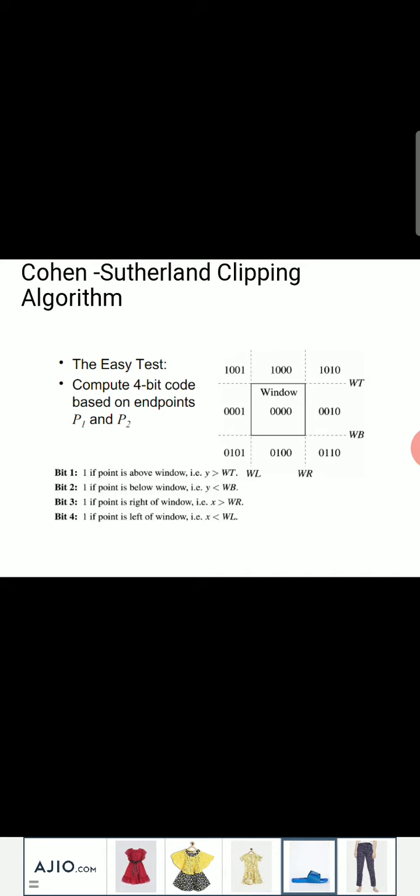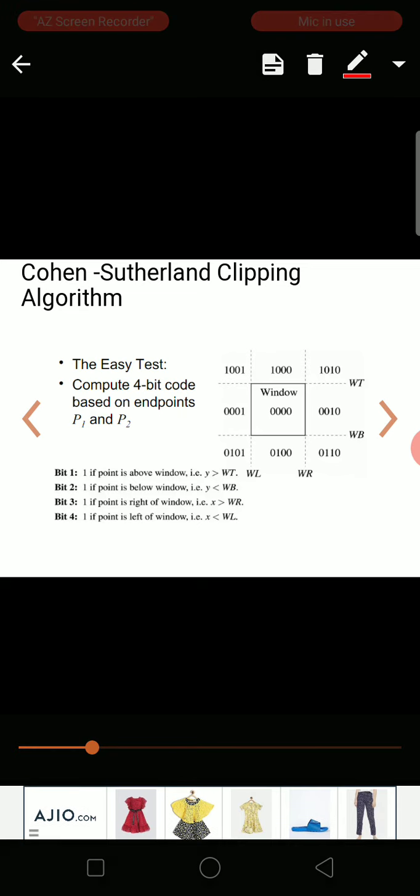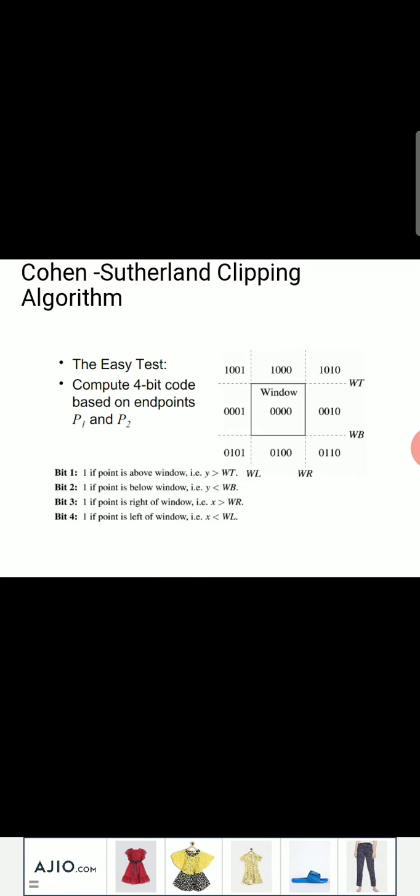When the y coordinate is less than the bottom bound of the window, bit 2 is set to 1. If the x coordinate of the endpoint is greater than the right bound of the window, then bit 3 is set to 1. Else, when the x coordinate is less than the left bound, bit 4 is set to 1.